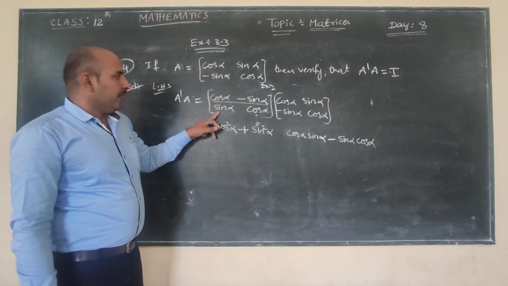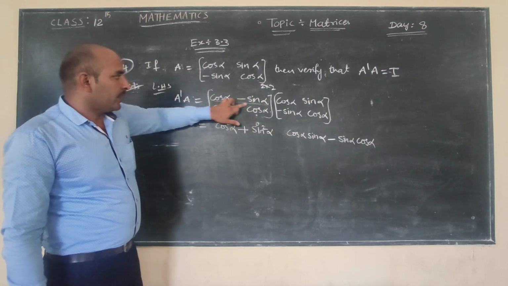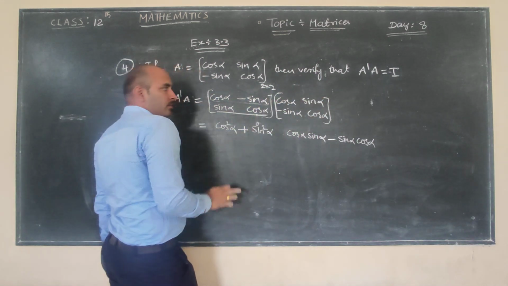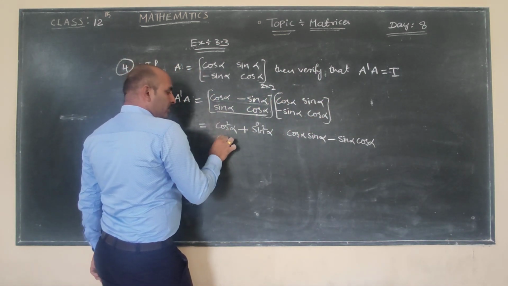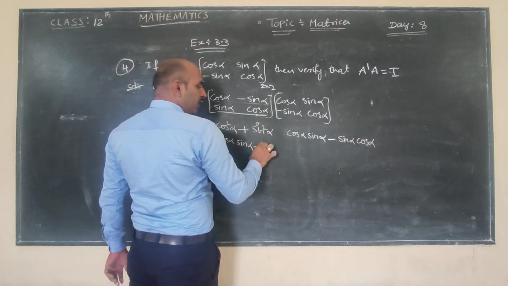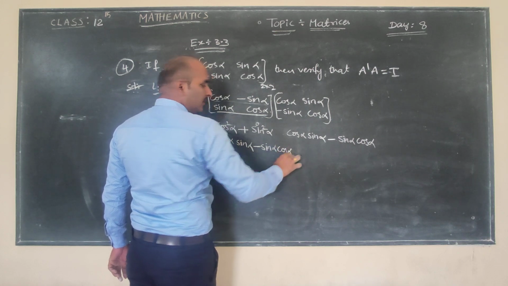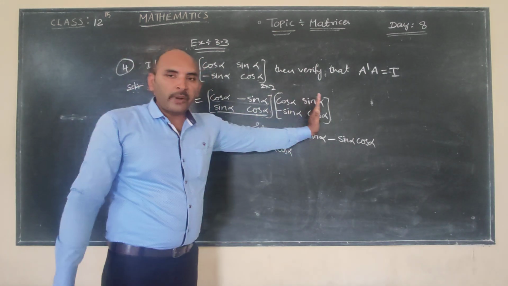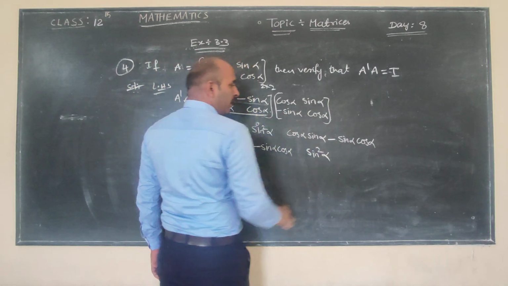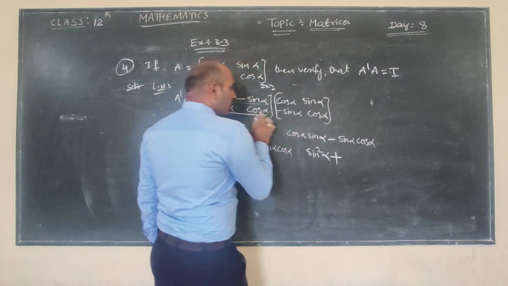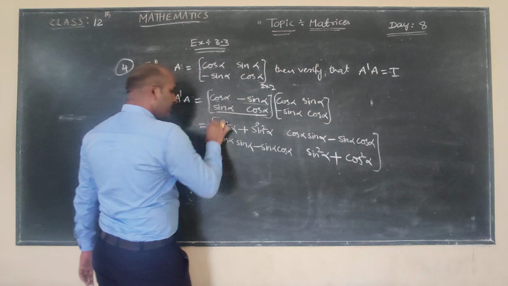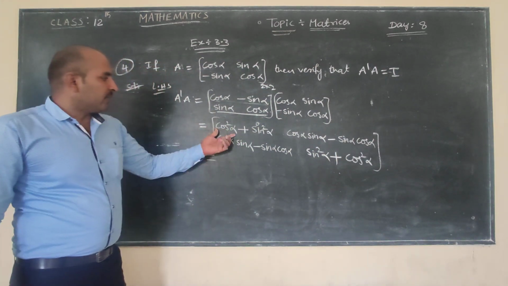So now coming to the second row elements, multiplied with the first column and again the second column: sin alpha cos alpha, plus minus sin alpha cos alpha. Now the second row multiplied with the second column: sin alpha into sin alpha, sin square alpha, plus cos alpha into cos alpha, cos square alpha, which is equal to sin square alpha plus cos square alpha.